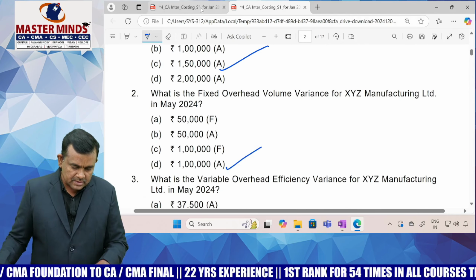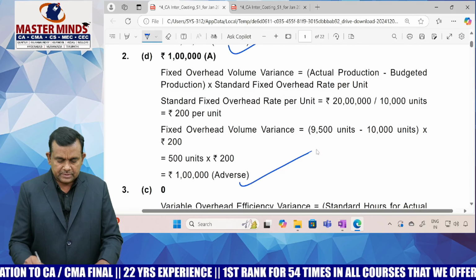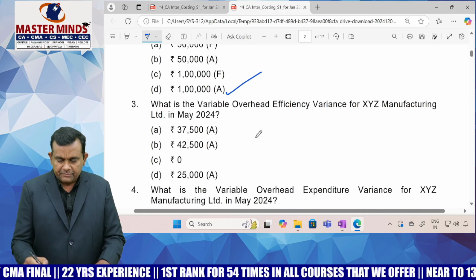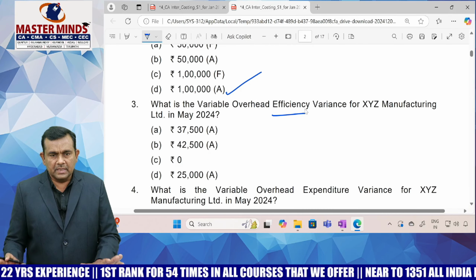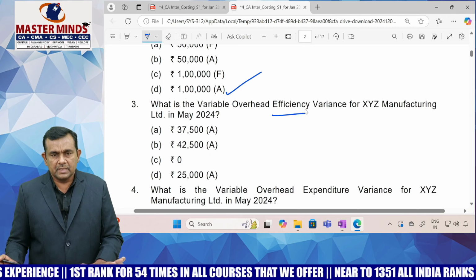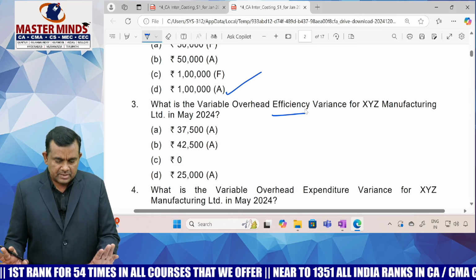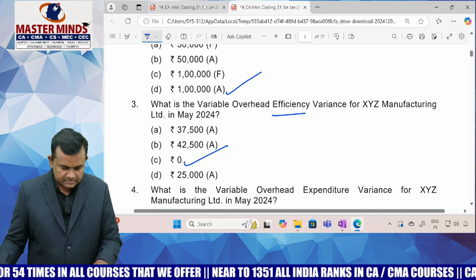See the suggested answer, 1 lakh adverse. Next, efficiency variance. Here standard hours equal actual working hours. Therefore, efficiency ratio is 100. If the efficiency ratio is 100, efficiency variance is 0, sir. See the answer.